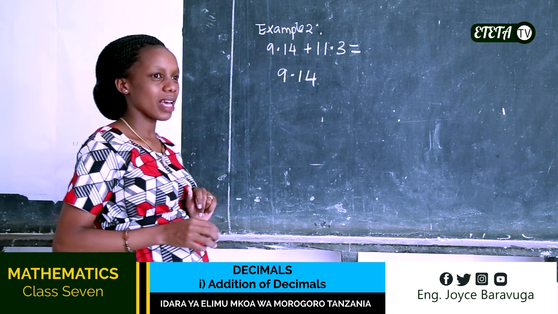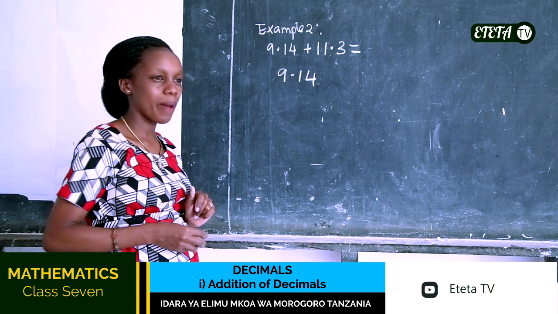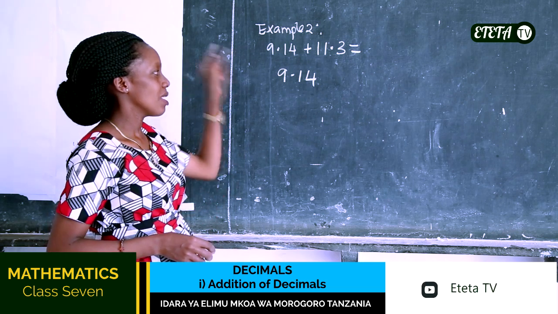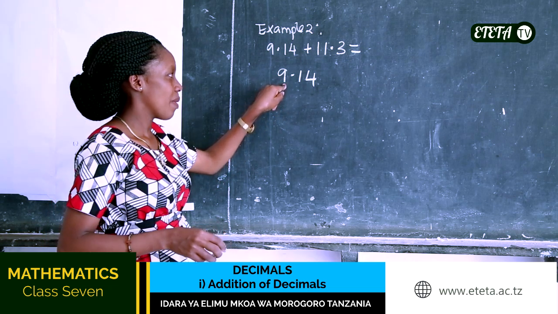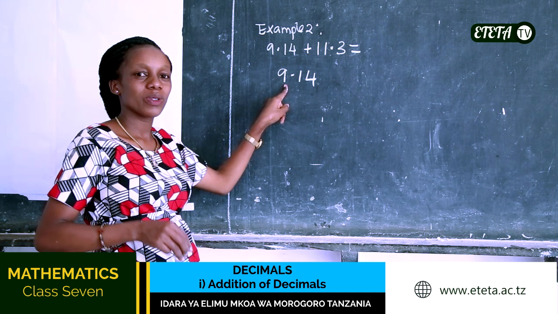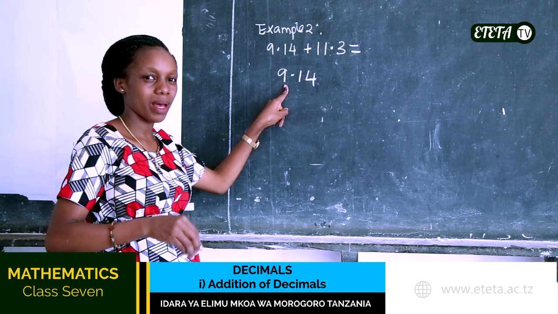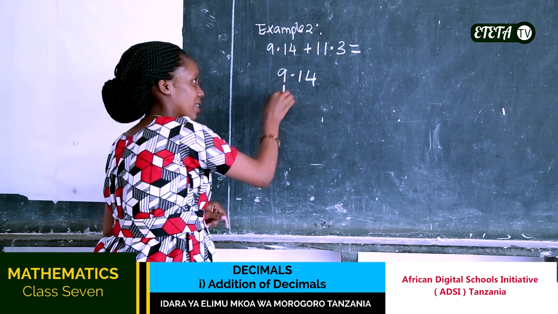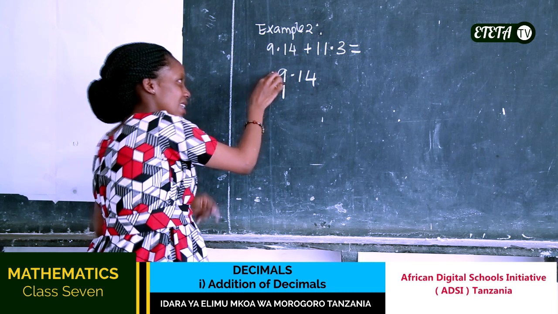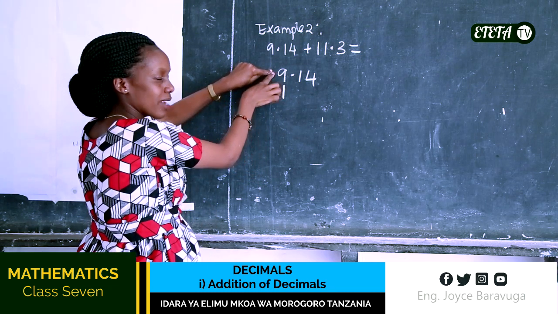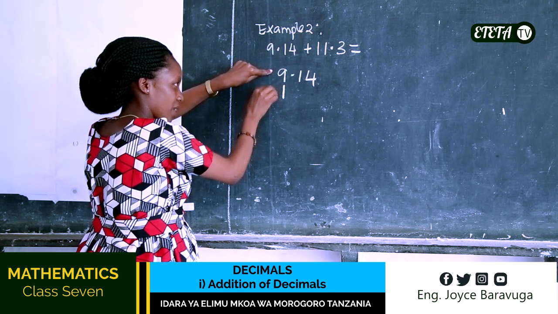When arranging here, we must consider the place value of the whole numbers. That means 9 is ones. Therefore, below number 9, we are going to write ones of the second number, that is 1, this one. And because here we don't have tens, but in the second number we have tens, that is 1.